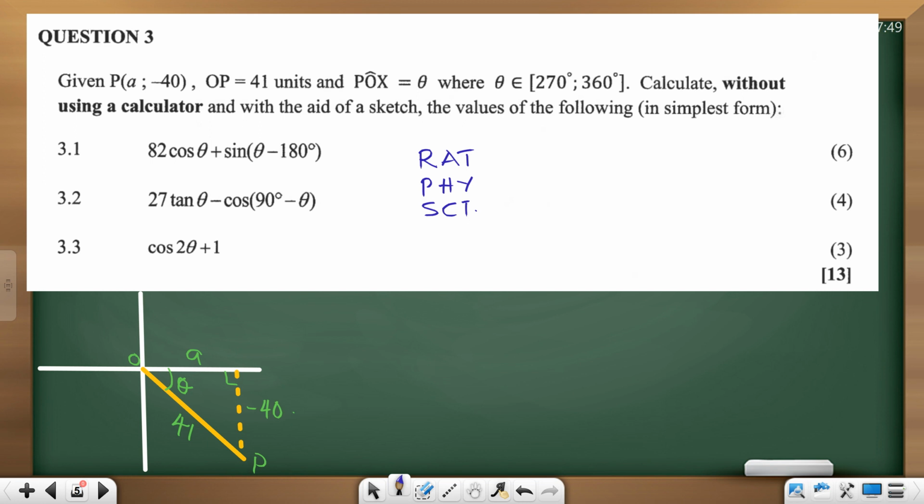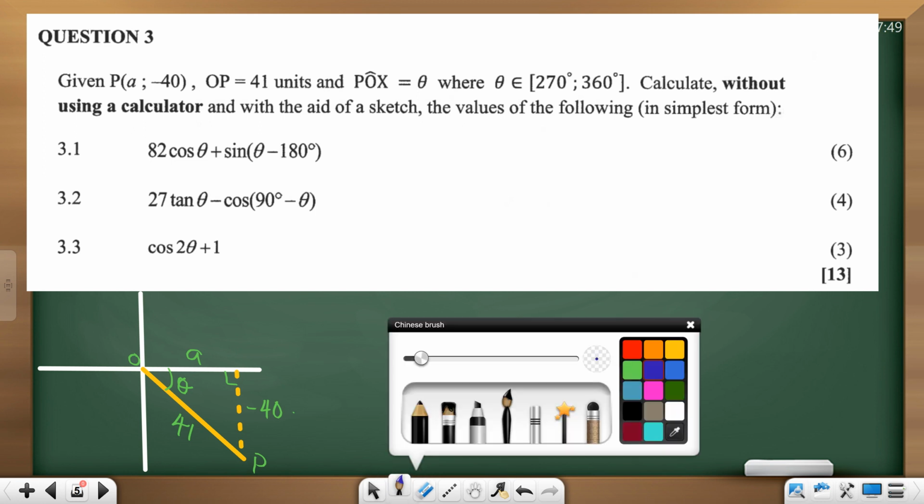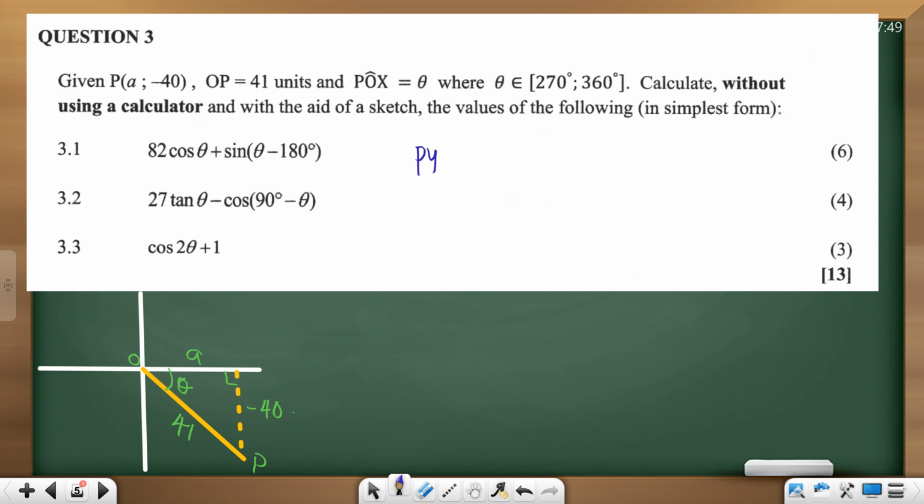Get your right angle. Number two, work with Pythagoras. Can everybody get me what A is? I hope you remember the Pythagoras. I'm waiting for you to get me A. Remember your Pythagoras?